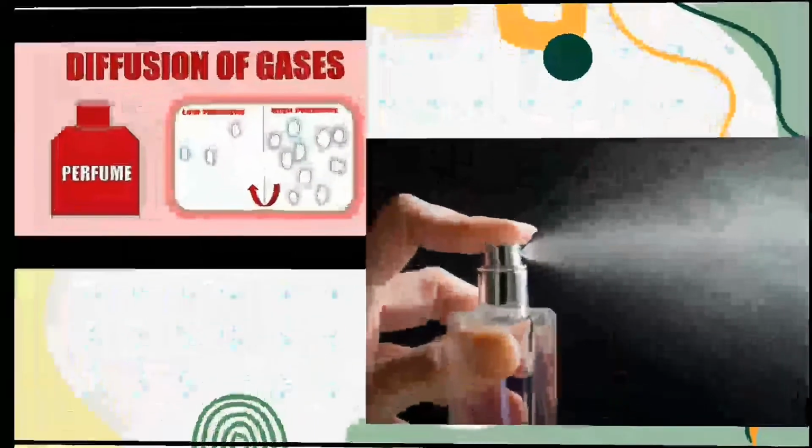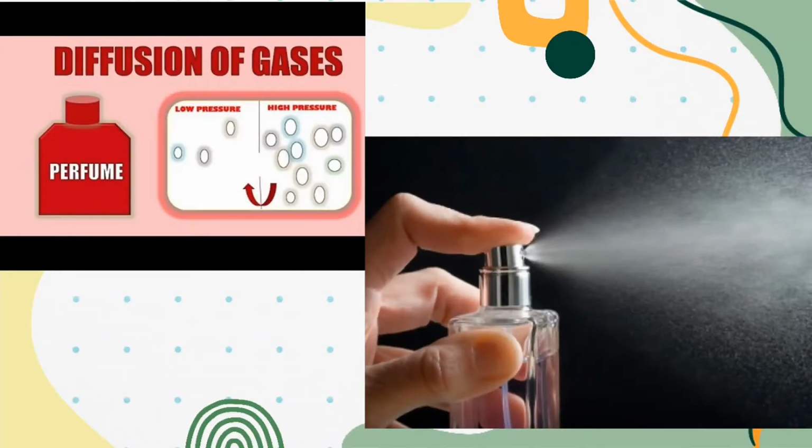The first one is when you press the knob of a perfume. At the point of pressing, it has a very high concentration of that scent. But after a short period of time, a maximum of 20 or 30 seconds, the entire environment can perceive the fragrance of the perfume.